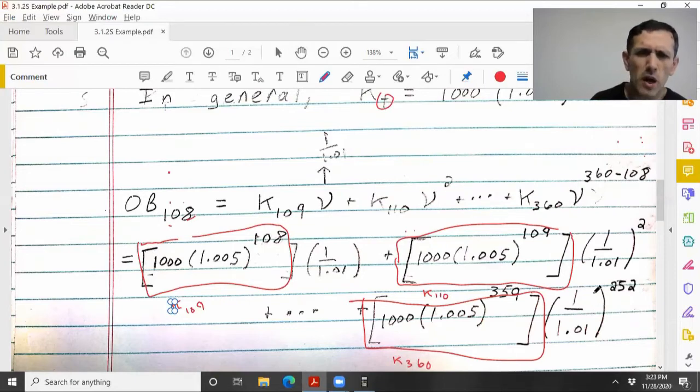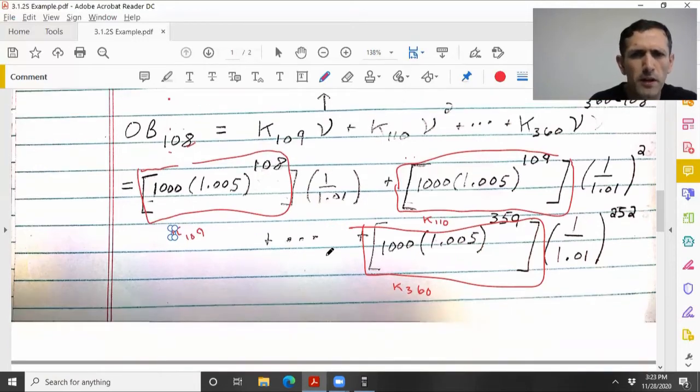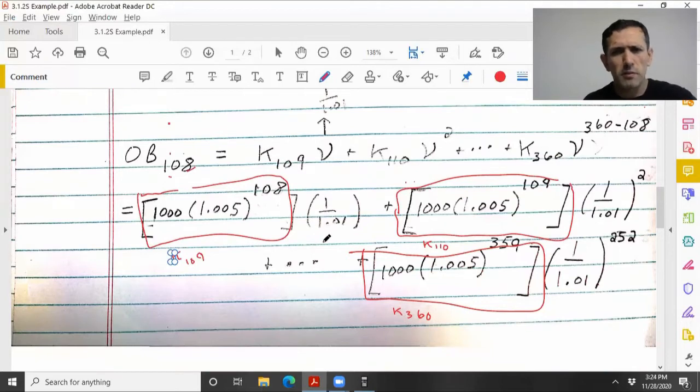What I want to do is factor out a term, since everything starts off with a 1. I'm going to factor out 1,000 times 1.005 to the 108 times 1 over 1.01. Let me get rid of some of this here.